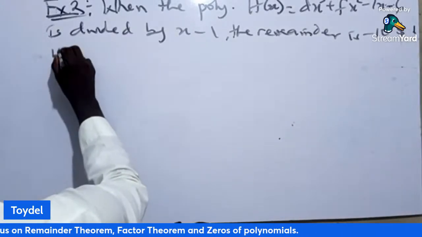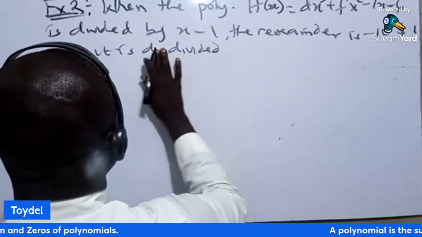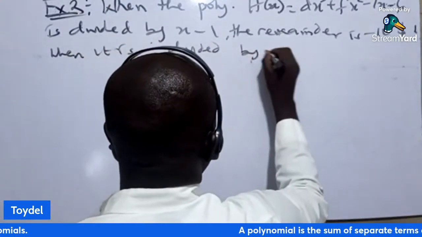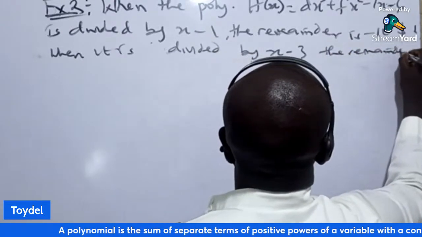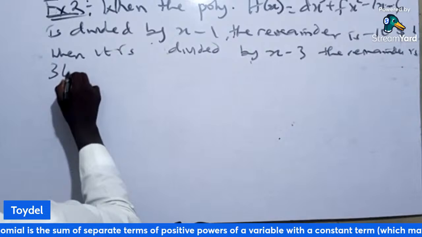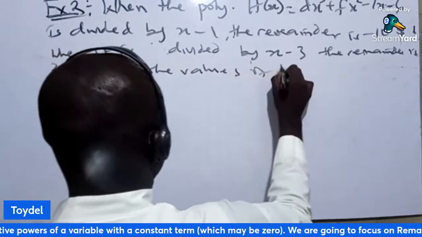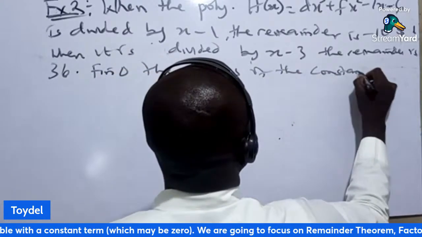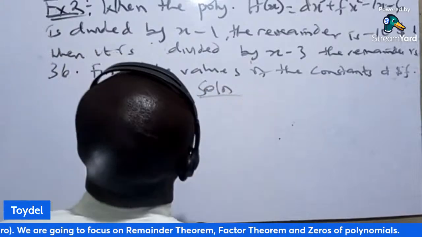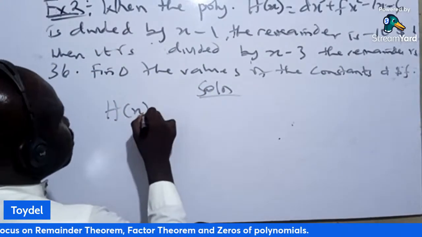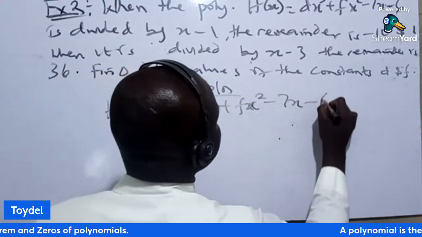And when it is divided by x minus 3, the remainder is 36. So the question now says find the values of the constants d and f. Of course, in this case, what is the polynomial? h of x is equal to dx cubed plus fx squared minus 7x minus 6.